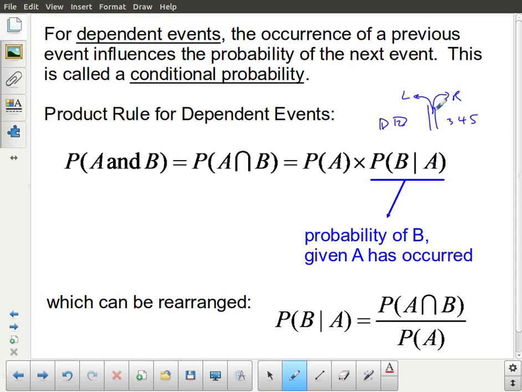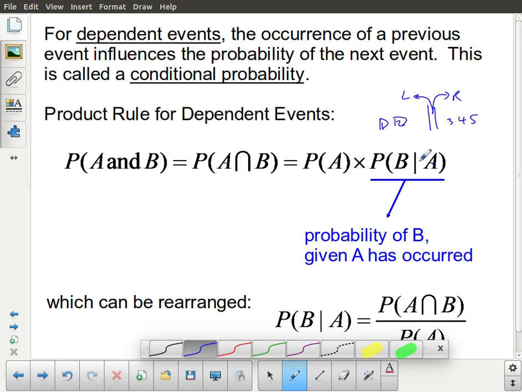And so first of all, you have to figure out, well, what's the chance I'm going to turn right? And then once I've turned right, then I can talk about the probability of entering this store. So this is the overall equation that we're going to make use of. The probability of A and B is the probability of A times the probability of B given A.